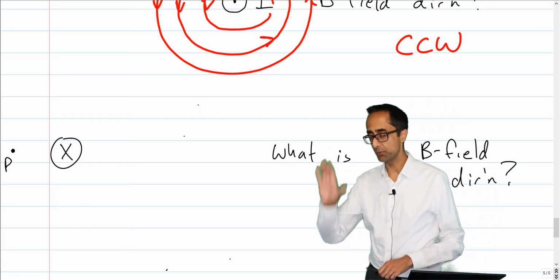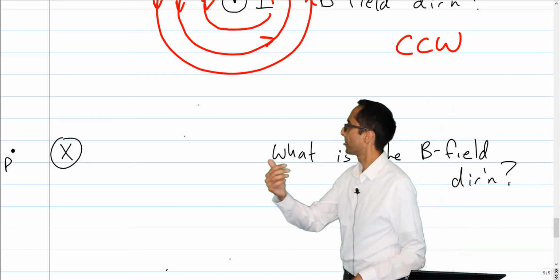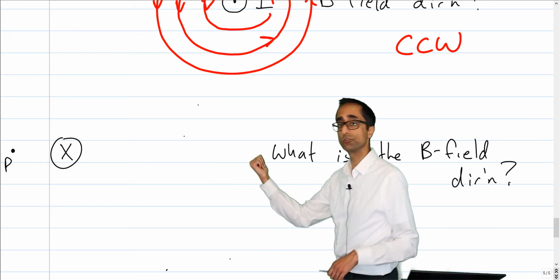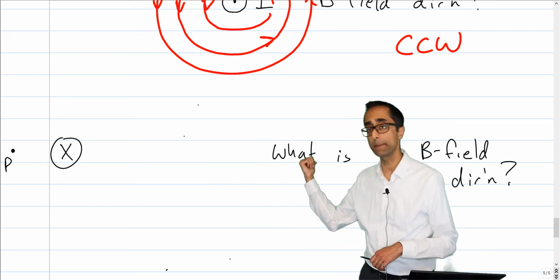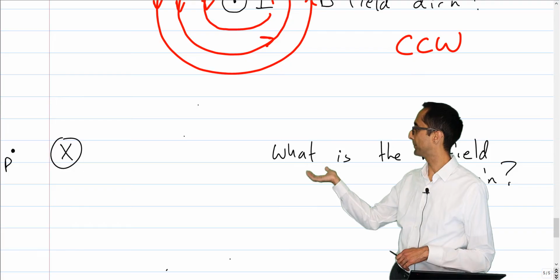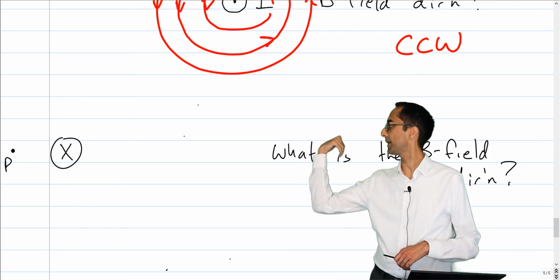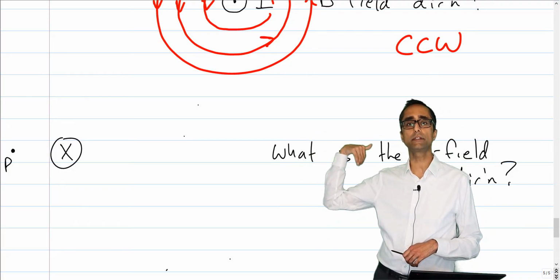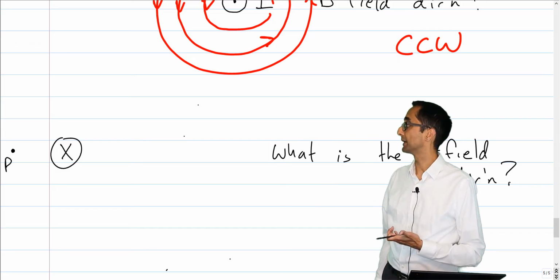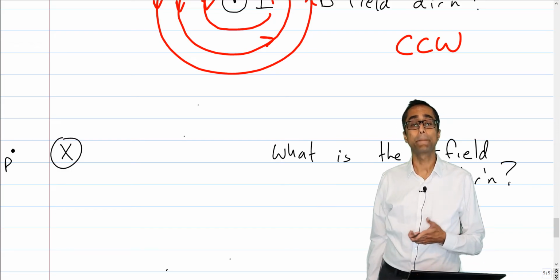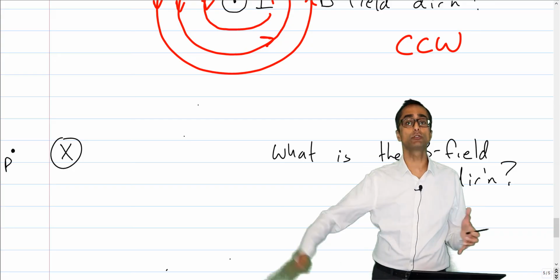And so once again, we take our right hand here. This time it's going into the page. And so we point ourselves into the page. With our thumb in the page, we can curl it around and see which way it's pointing. Well, if you look at it, it's going clockwise. But I'm not asking for the overall direction around it.